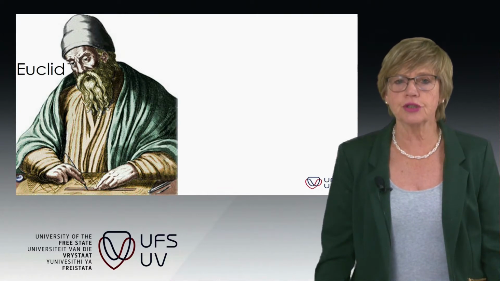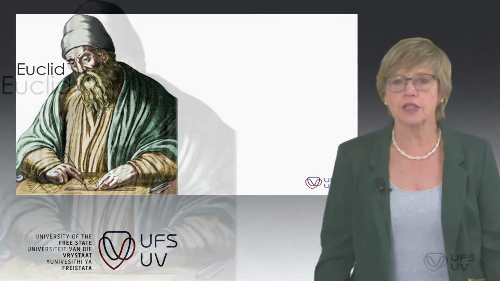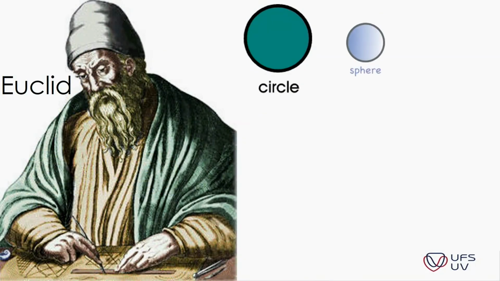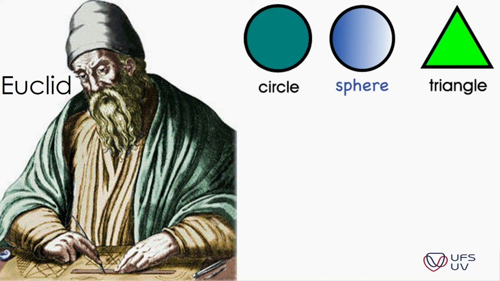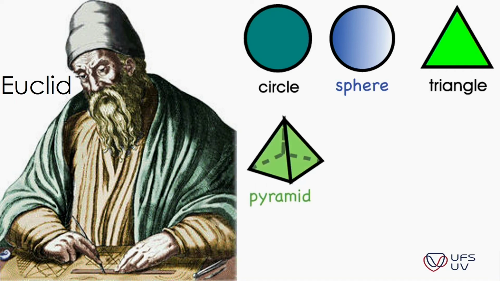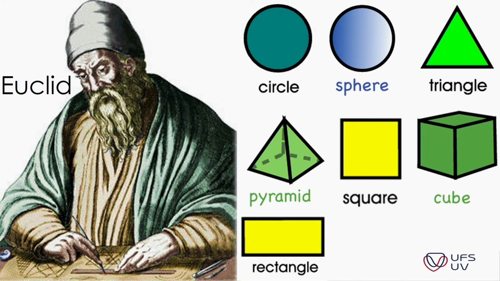Learners are introduced to the characteristics of objects, points and lines, circles and spheres, triangles and pyramids, squares and cubes, rectangles and prisms, and many other shapes and solids. These characteristics and the relationships between them are organized into simple rule systems.